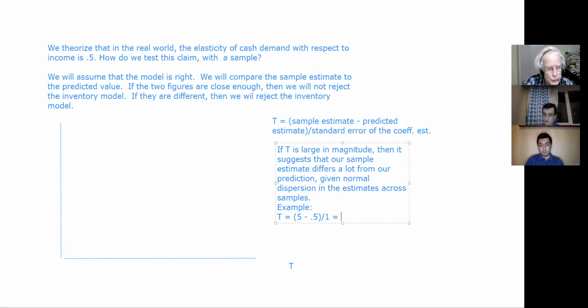Then our t-statistic is 4.5, which turns out to be very large. We will see this later on. So given the large t-statistic, we should reject the inventory model because it does not predict well what we observe in our sample.